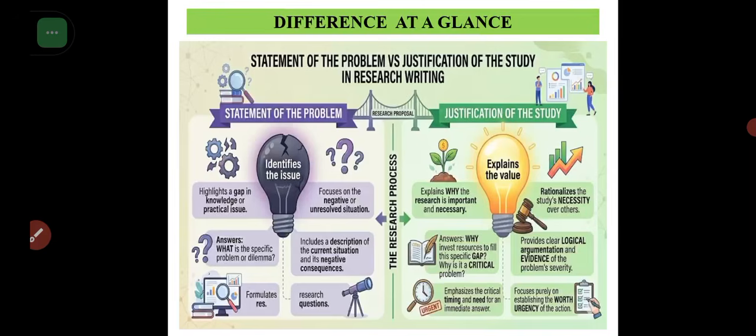That's right. So let's look at justification on the other hand. It explains why this research is necessary, why it is important. It answers the question of why invest resources to fill this specific gap. Why is it a critical problem?